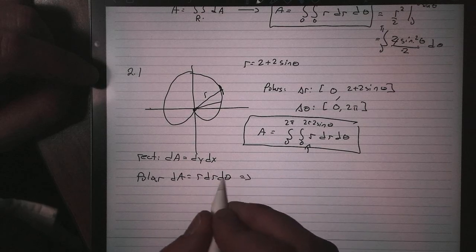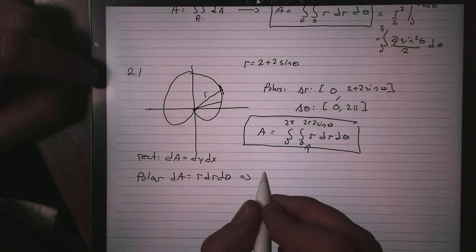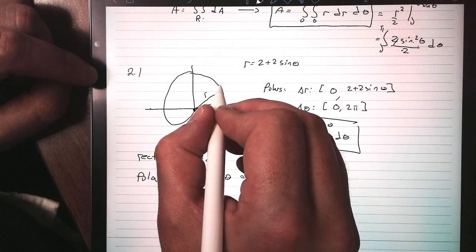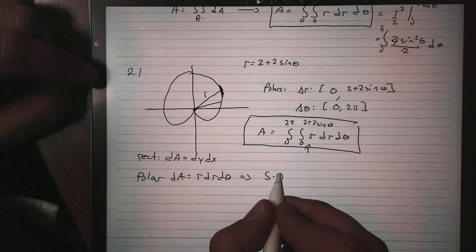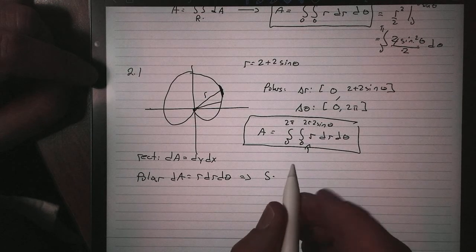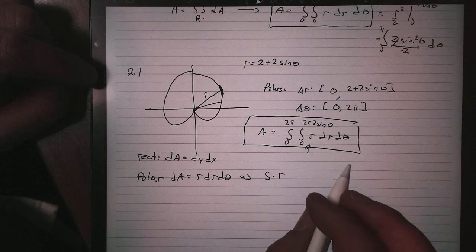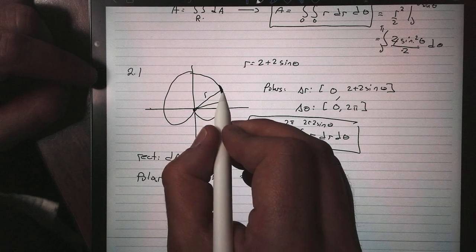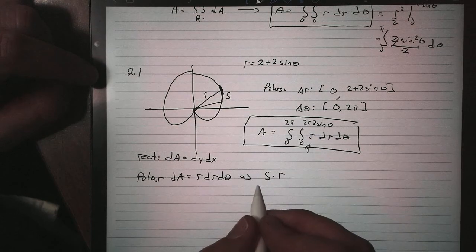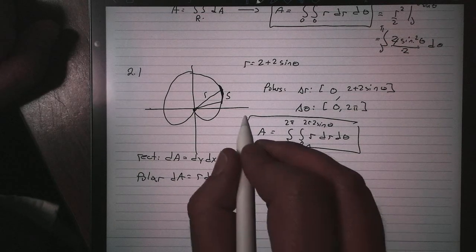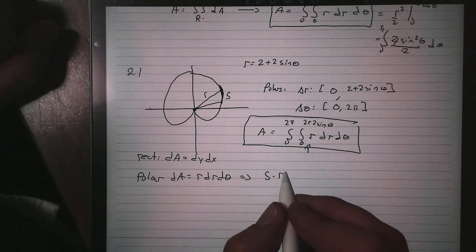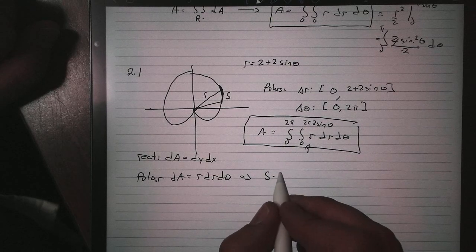Remember, where this really comes from is this little bitty arc length, S, times the radius. We talked about this arc length right here, S, times theta.